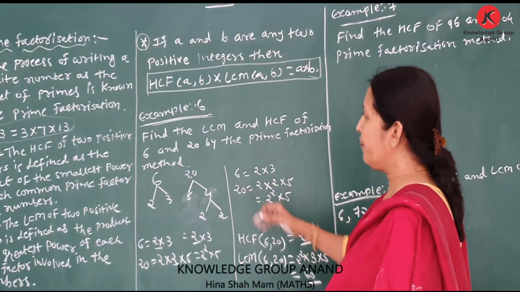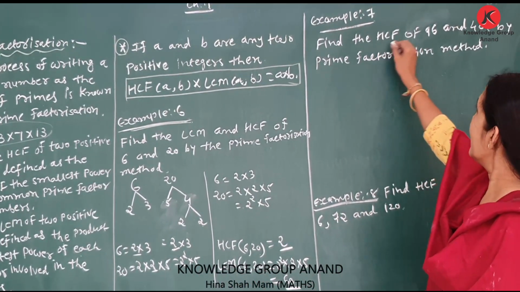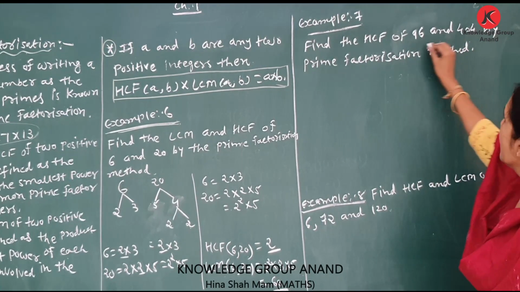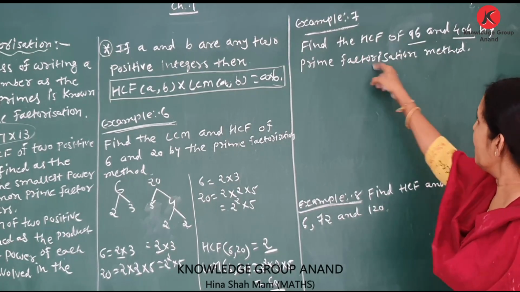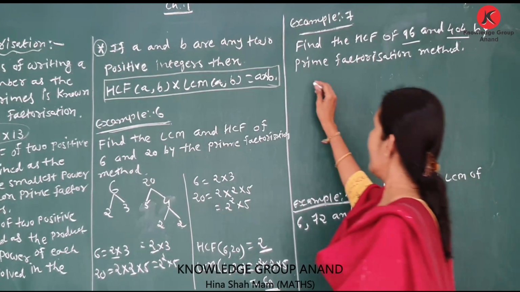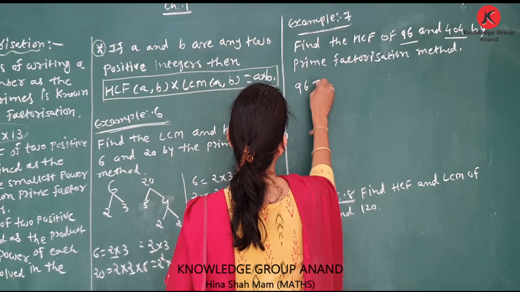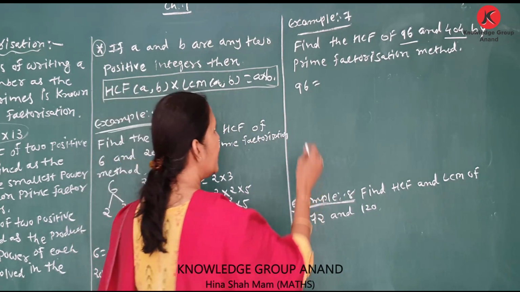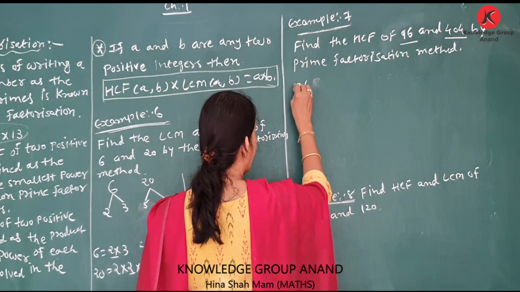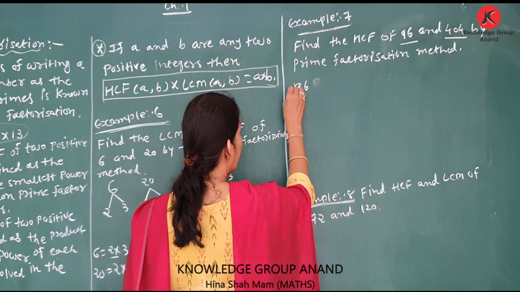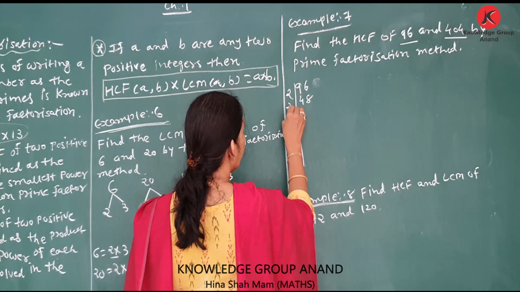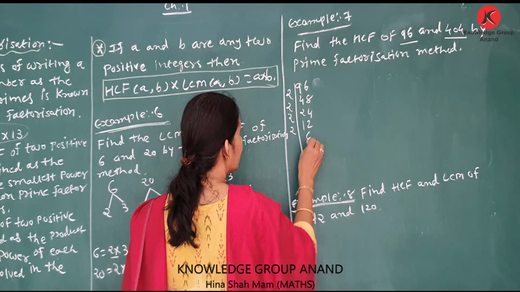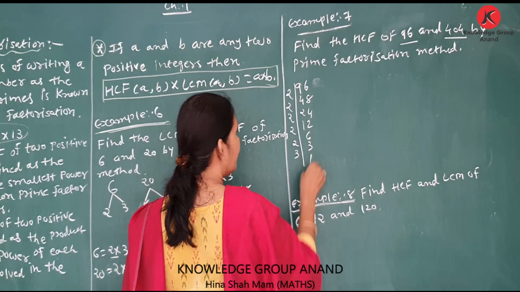You use any method. Find HCF of 96 and 404 by prime factorization method. Here I use 96. 96 is equal to factors of 96. Otherwise you can write it like this: 2 48s are 96, 2 24s are 48, 2 12s are 24, 2 6s are 12, 2 3s are 6, 3 1s are 3.